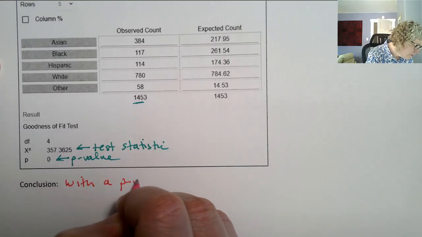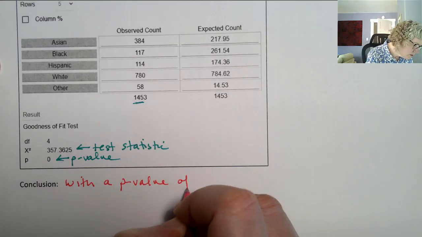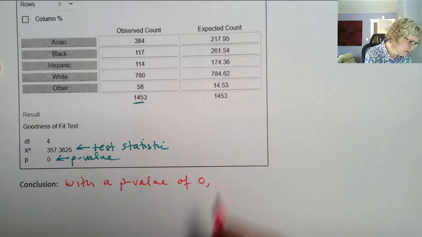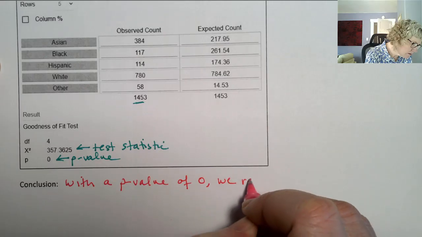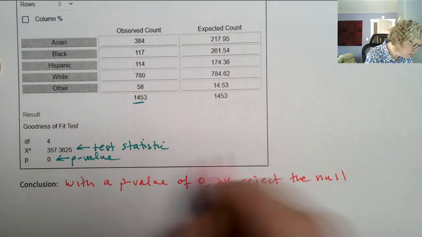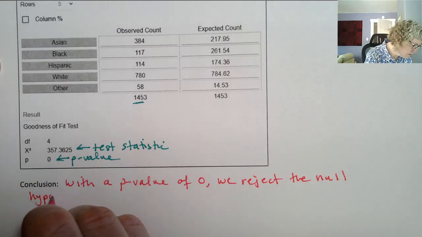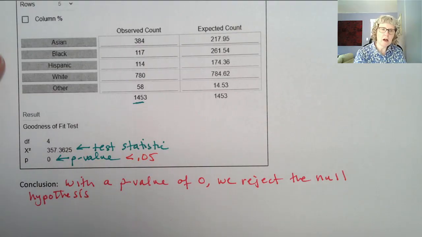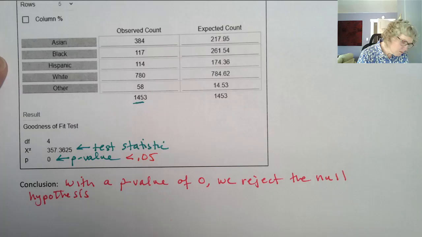With a p-value of 0, we reject the null hypothesis. Right, and I could also write this is less than 0.05. Okay, we got a p-value of 0, so that is very strong evidence.